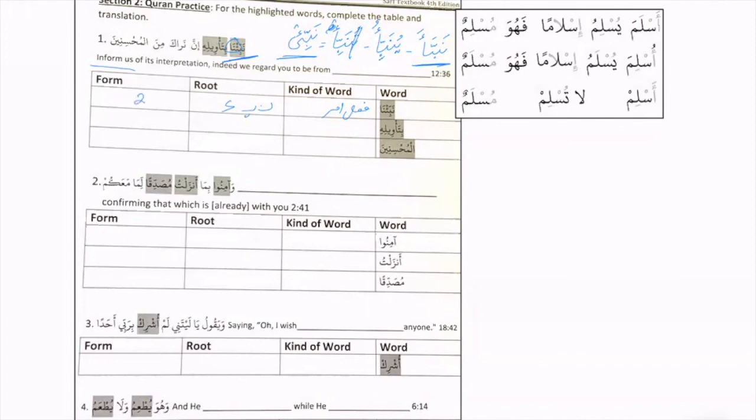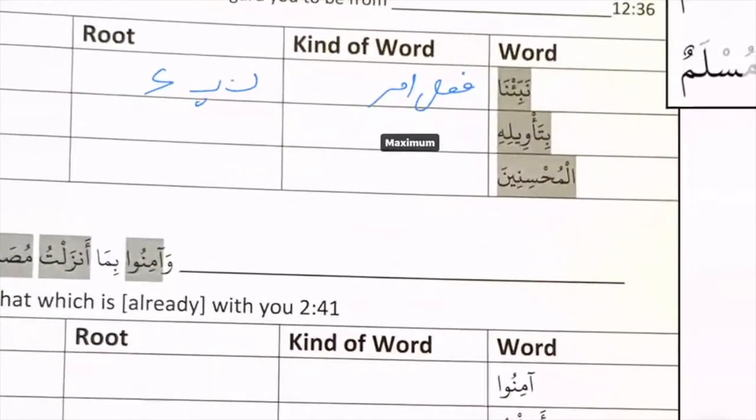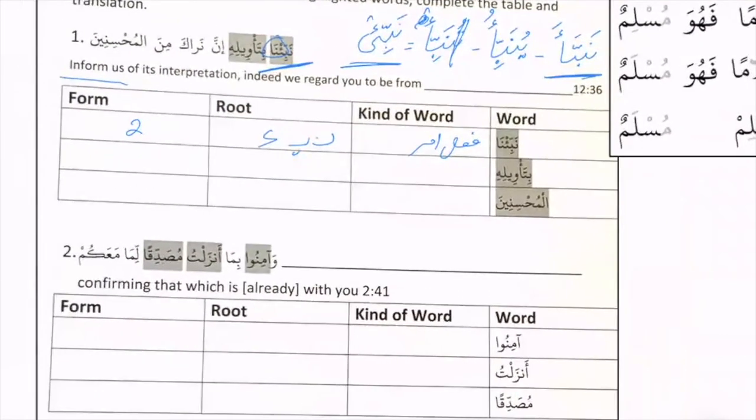Now, bi ta'wilihi. So the B should not confuse you. Ta'wili is starting with ta, right? Ta'wili, ta'wilan, like taf'ilun, right?